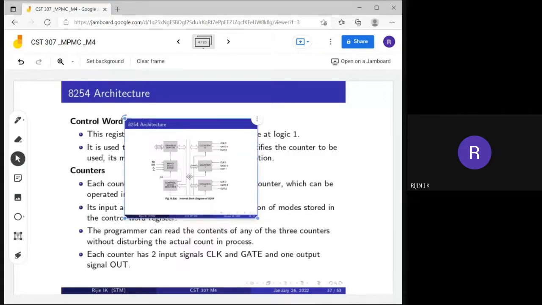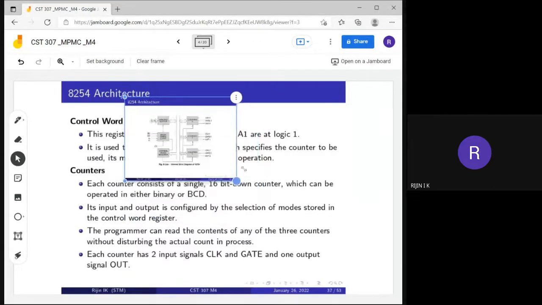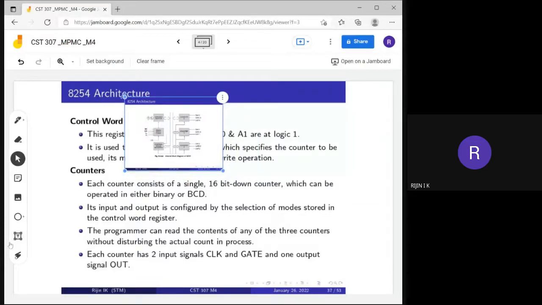Then the last one is our counters. 3 counters we are using here: counter 0, counter 1, and counter 2. Each counter consists of a 16-bit down counter, which can be operated in either binary or BCD. It can count binary numbers and BCD numbers, based on the values present in the control word register.